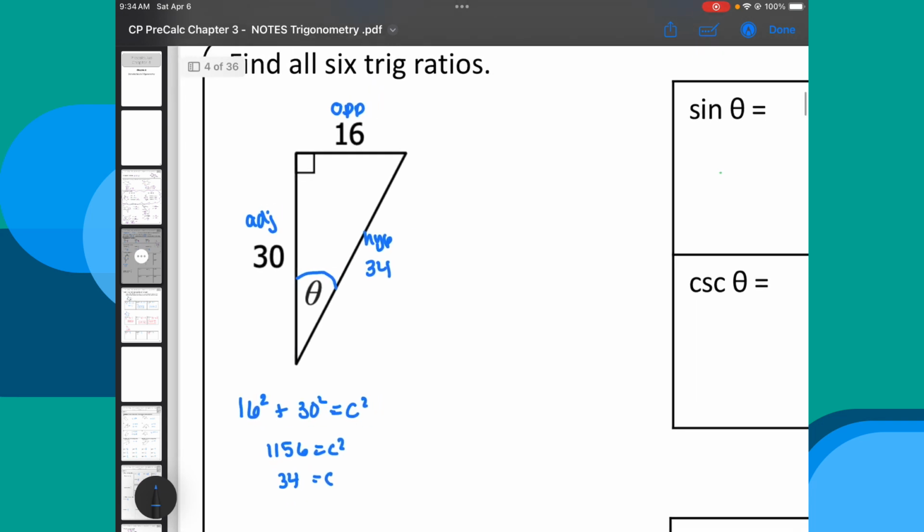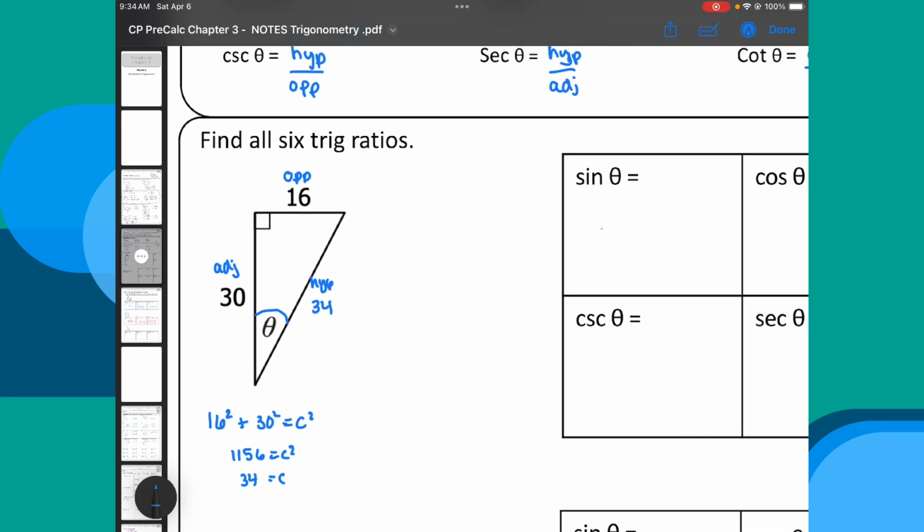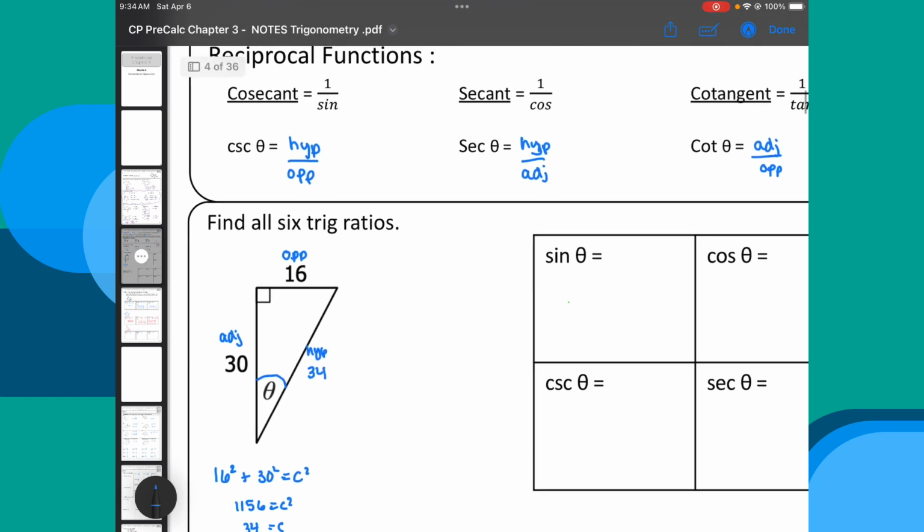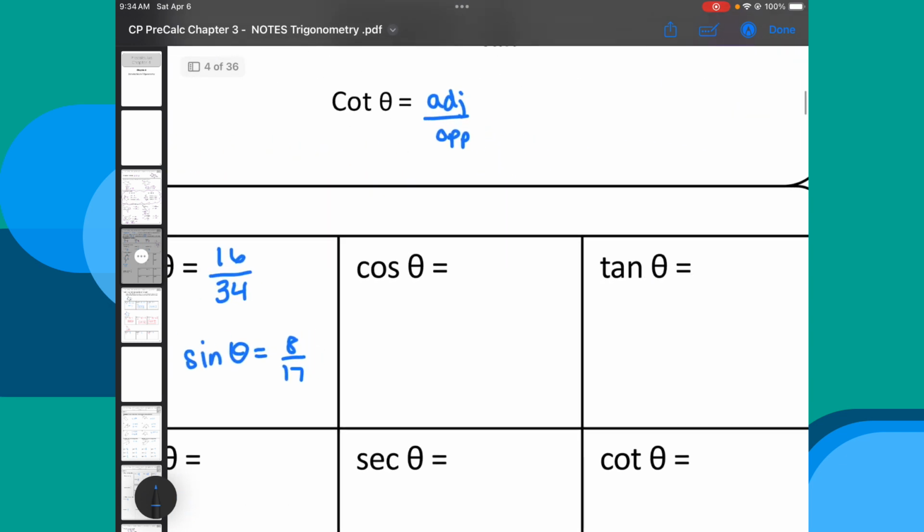Once we have that, then we can set up all of our trig ratios. So sine is opposite over hypotenuse. So the opposite side is 16 over the hypotenuse, which is 34. We always reduce fractions in math, so this would become 8 over 17. Cosine is adjacent over hypotenuse.